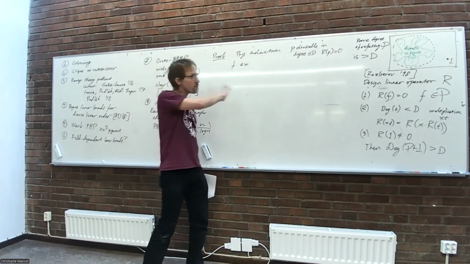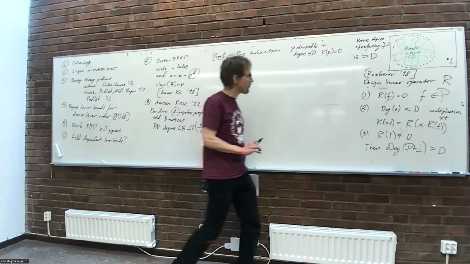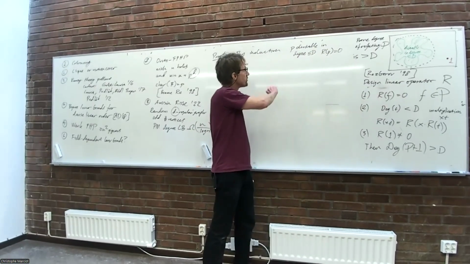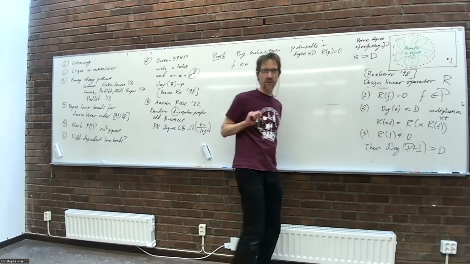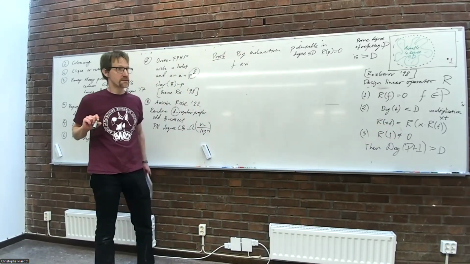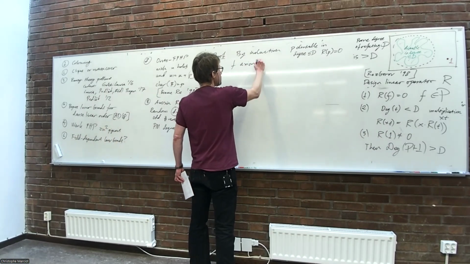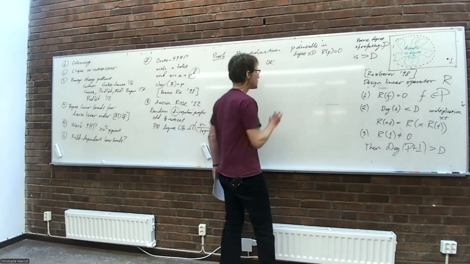Okay? If I can prove this by induction, then it's clear that any polynomial derivation from P in degree at most D is never deriving contradiction, because contradiction under R doesn't map to 0. Right? Okay. So if F is an axiom, we're okay. This is case 1.